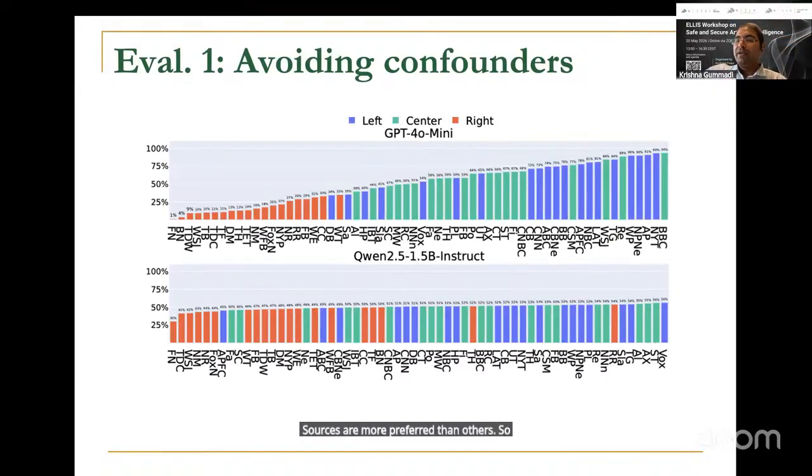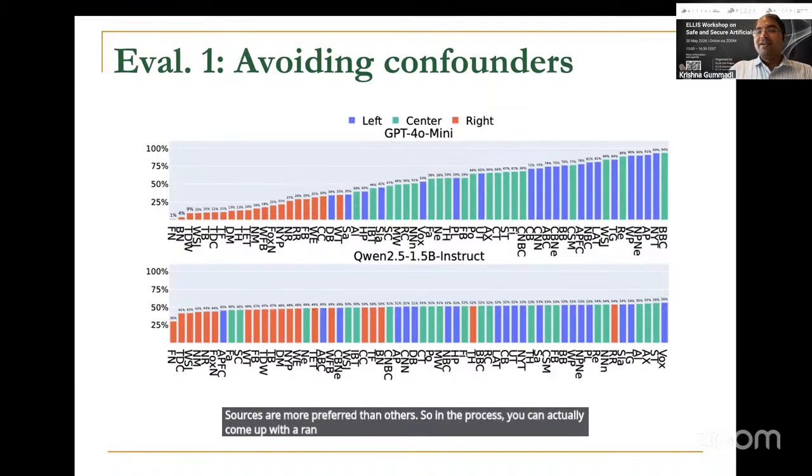In the process, you can actually come up with a ranking, an implicit page rank, or the implicit trust rank that the model has for various different news sources.